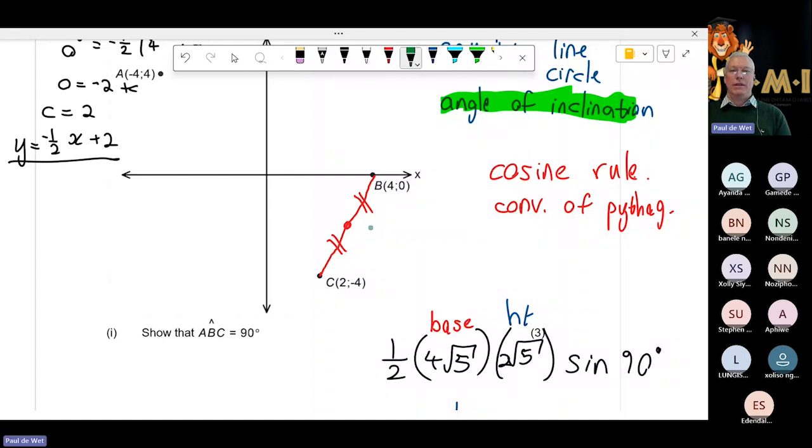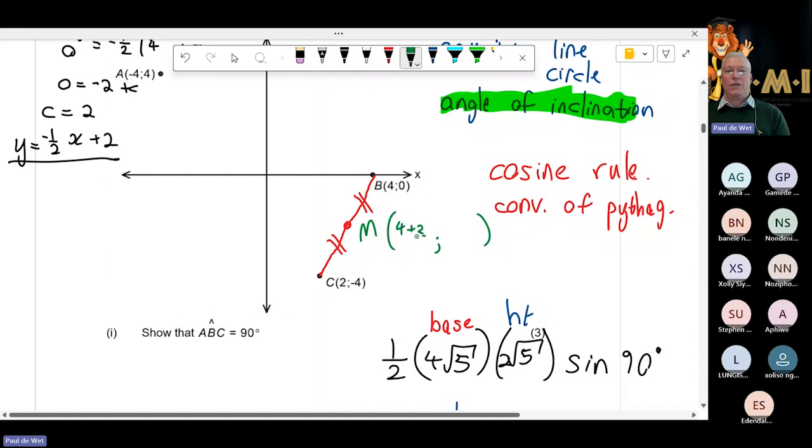Anybody? I use the formula which says x1 plus x2. What did you get when you did that? x1 is 4 plus 2. 0 plus negative 4, all over 2.